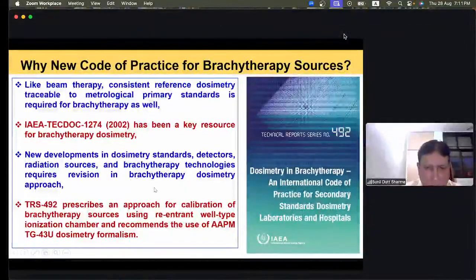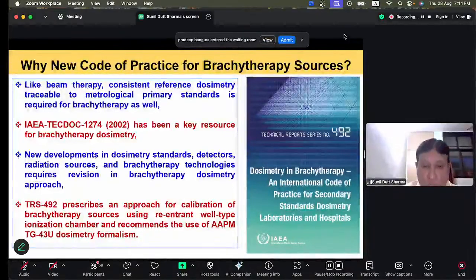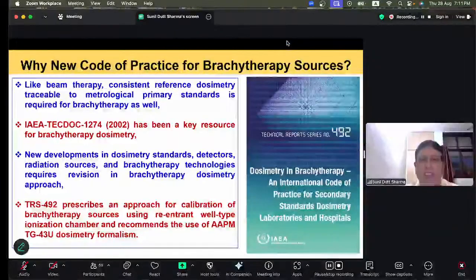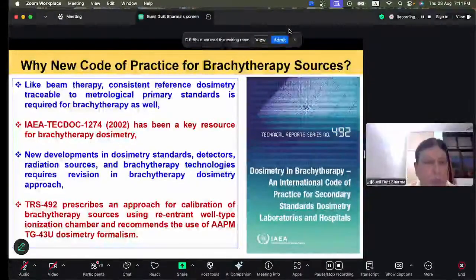This new development prescribes dosimetry standards, and also recommends what type of detector should be used and which type of source. They have also provided some input about the existing technologies of brachytherapy and what the dosimetry approach should be when the question comes to patient dose calculation.